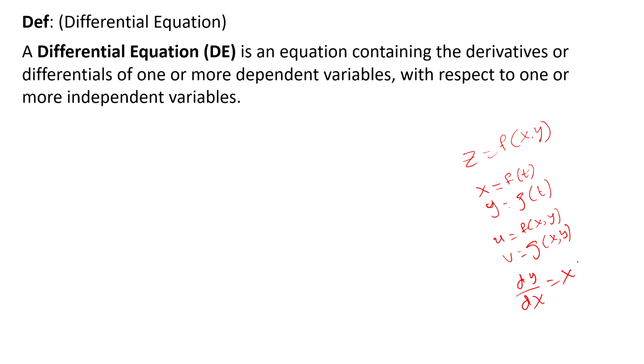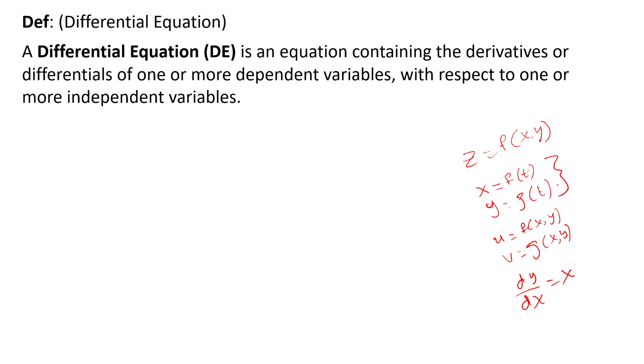What about a differential equation where you have, which one is better to go with? Let's go with one independent variable and two dependent variables. Can we think of a differential equation in that scenario? Let me repeat that. One independent variable, which refers to this scenario, and two dependent variables. x and y are both dependent variables.